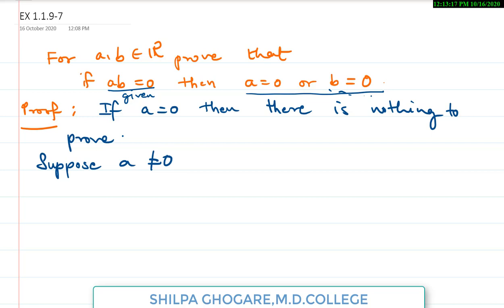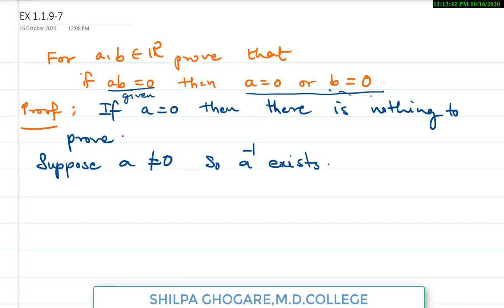Now, what do you know about a non-zero real number? A very peculiar thing you know about a non-zero real number is, as A is not 0, A inverse exists. What is A inverse? I am writing it as A inverse, but in your mind you understand it as multiplicative inverse of A. It exists.